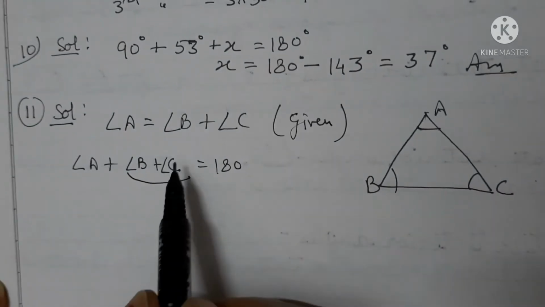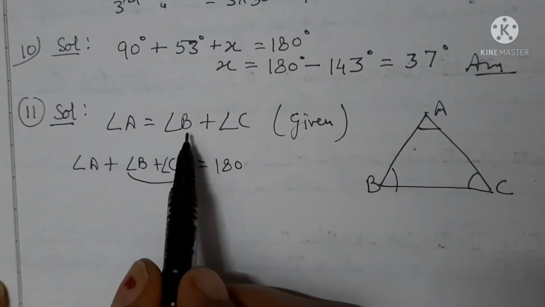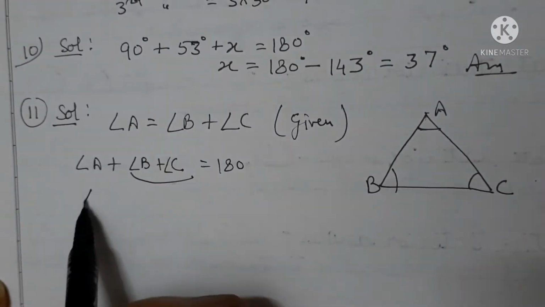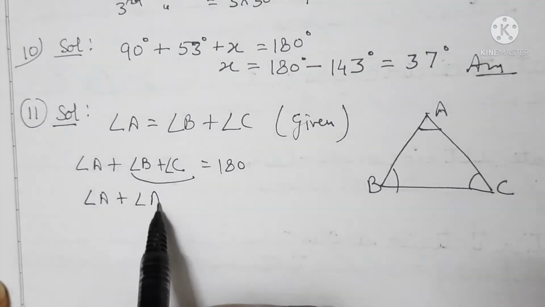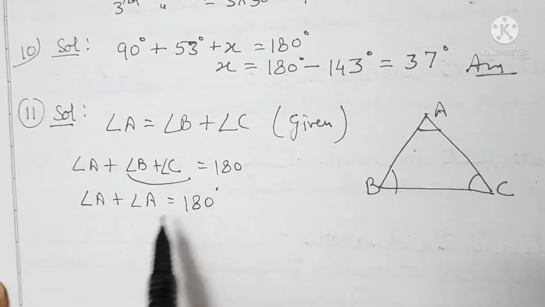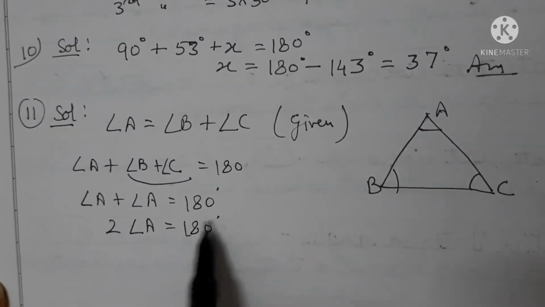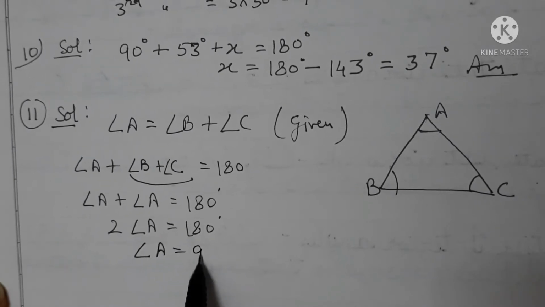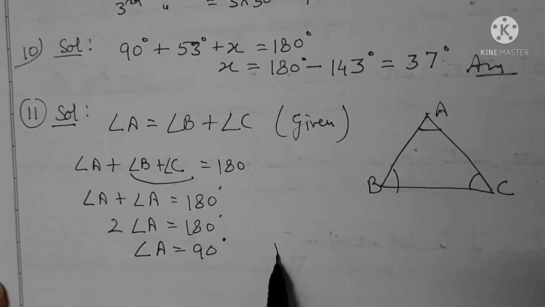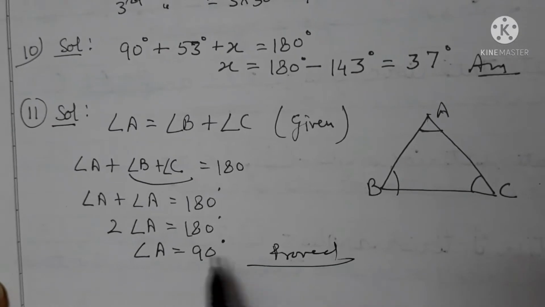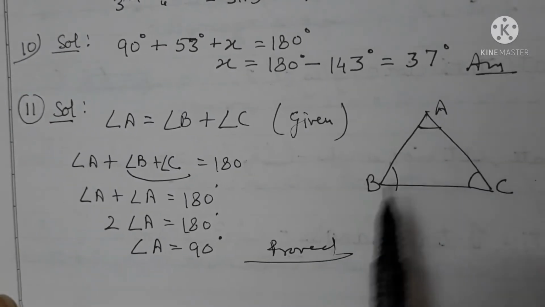So substitute this value from the given part. So angle A plus angle A is equal to 180 degrees. 2 times angle A is equal to 180 degrees, or angle A is equal to 90 degrees, hence proved. So it means this is a right angle triangle.